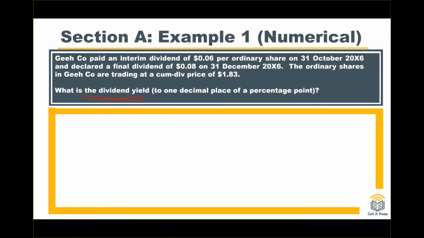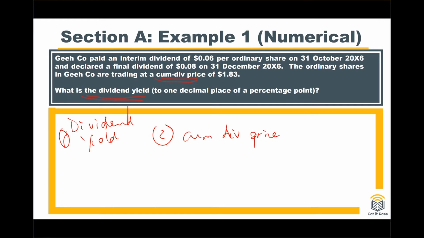So to me, there are some terms that you have to know before you solve this question. First of all, dividend yield is what the question is asking for. Second, you have to find out what is the cum dividend price.